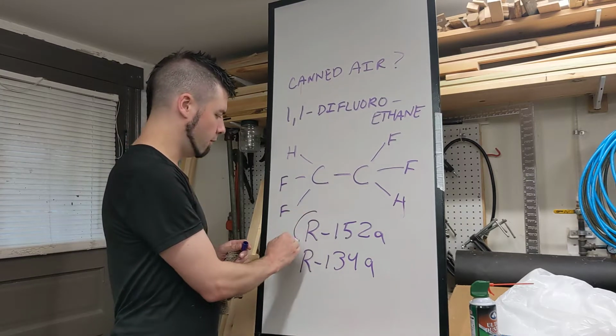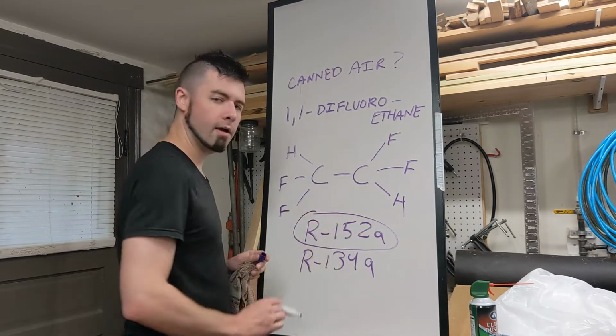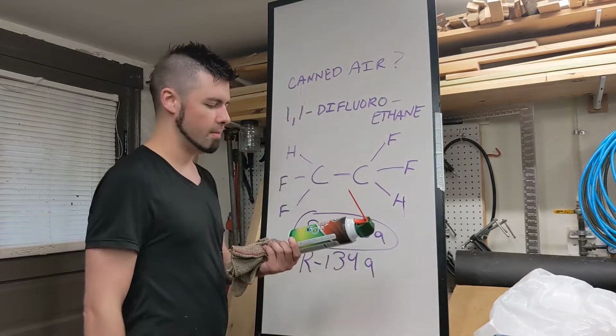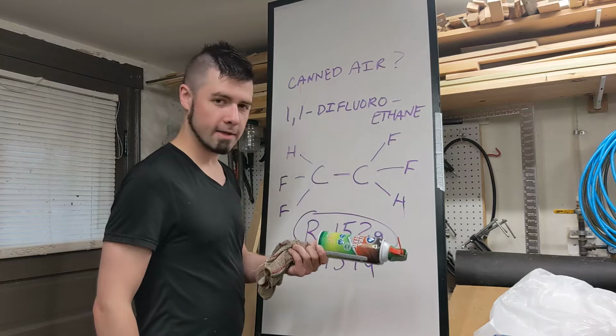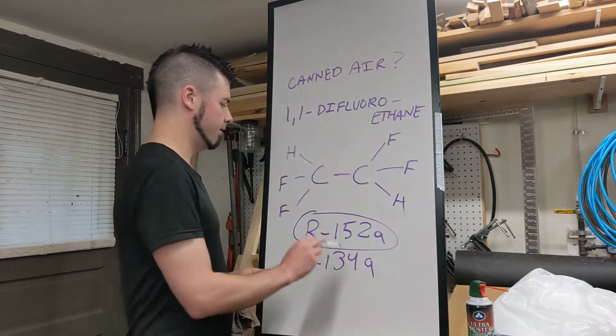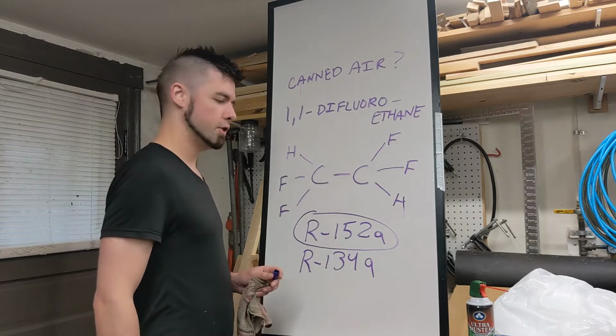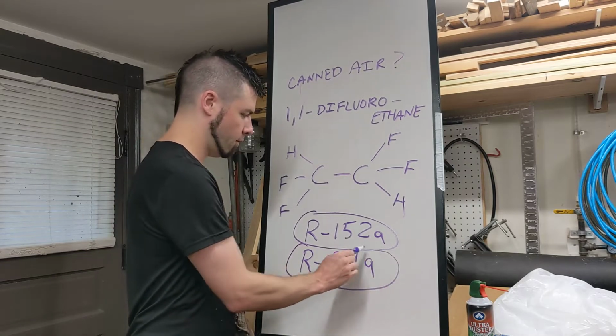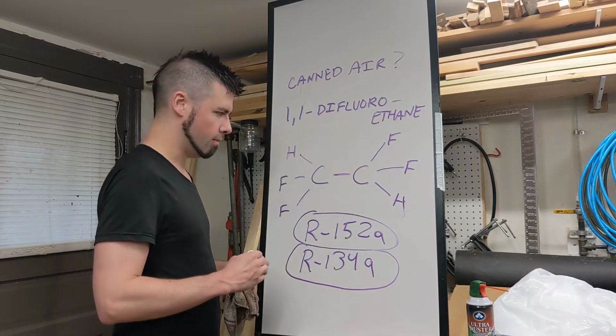The 2-fluorine version is the basic economy model that's cheap. So this is a cheapo Walmart air duster or gas duster. It's got the cheap 2-fluorine version. You can buy the more expensive 4-fluorine version for a little more money.